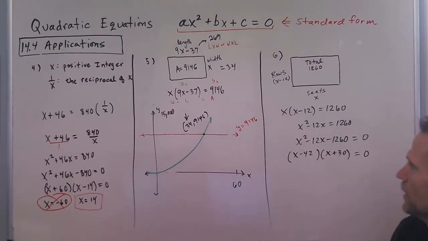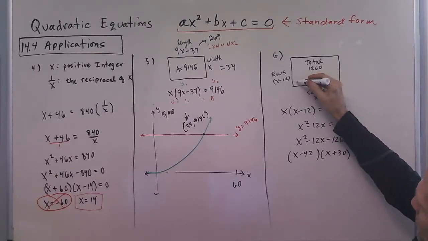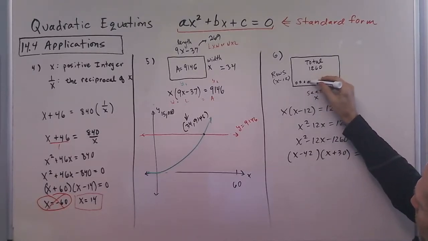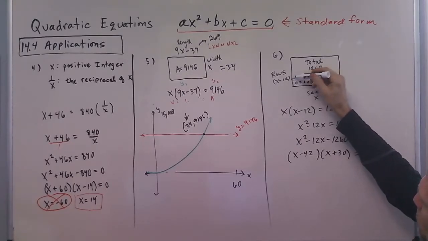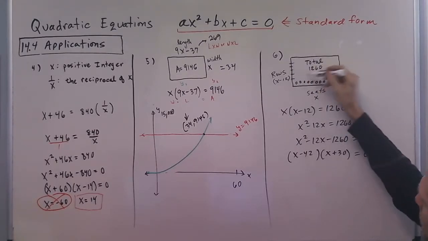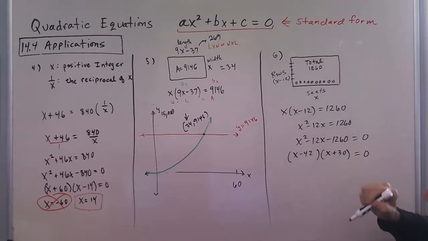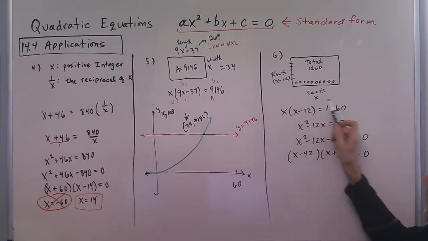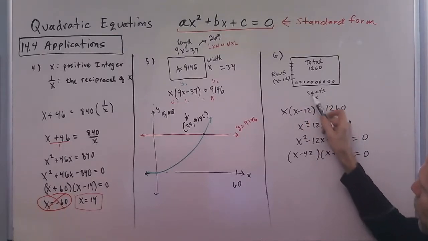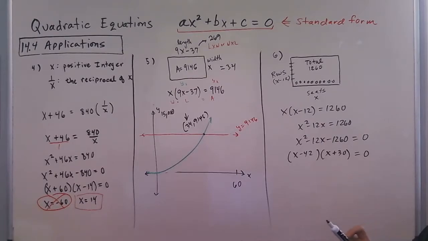Now in the next problem, it says that we have some seats in a rectangular theater. So if you think about, we have seats going across here, okay, I don't know how many, and then we have some rows going this way of seats, but it's rectangular in shape. And it says that the number of seats is more than the number of rows by 12.